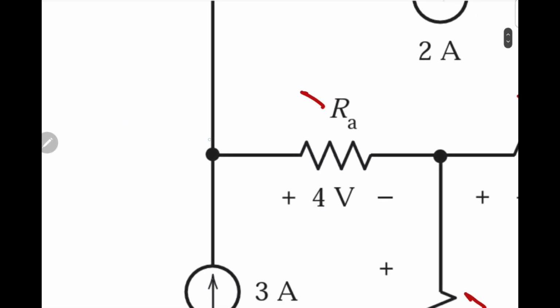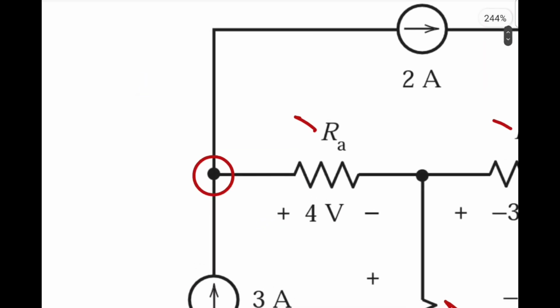Our focus will be on that node and see what current goes into the node and what are the currents that leave that node. You can see that there is a 3 ampere current entering that node, which results in two currents going out.